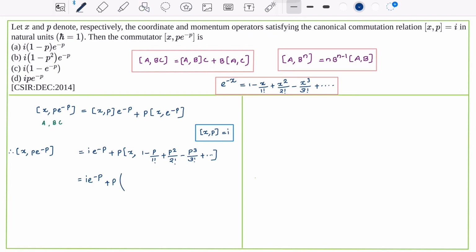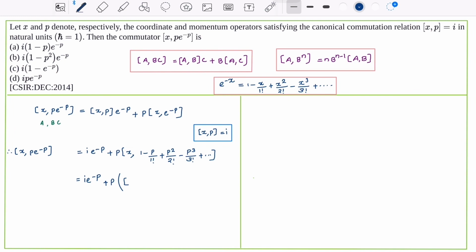First, let us separate the commutators. The first commutator is the commutator of x and 1, minus 1 by 1 factorial the commutator of x and p, plus 1 by 2 factorial the commutator of x and p square, minus 1 by 3 factorial into the commutator of x and p cube, plus etc.